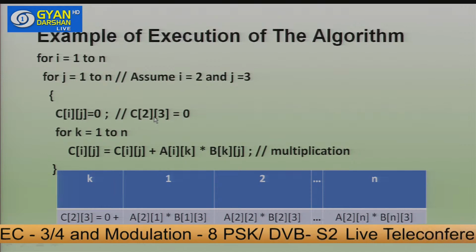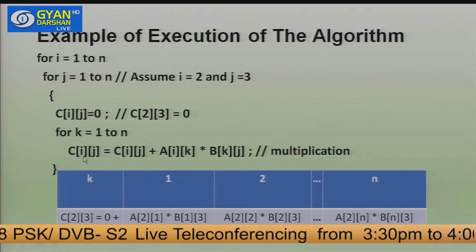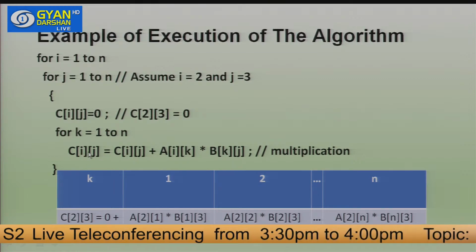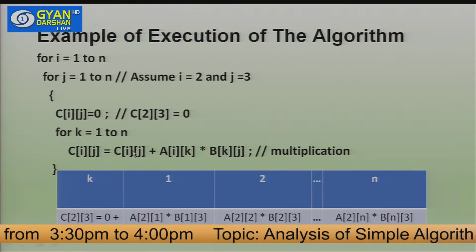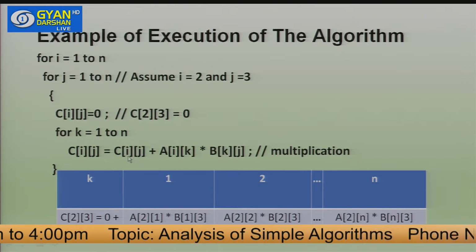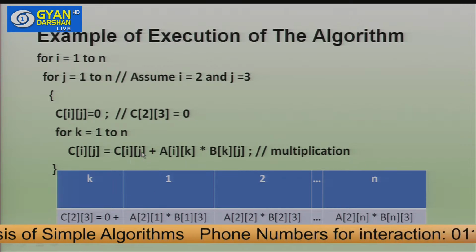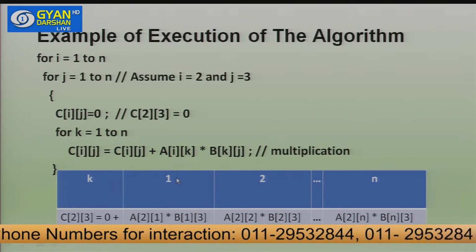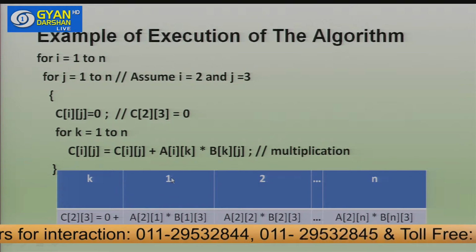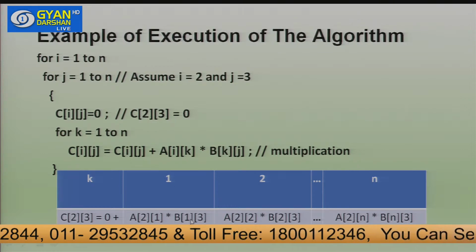Cij, which happens to be C23, equals 0. For k equals 1 to n, what is going to happen? C23 was initialized to 0 outside, so when k equals 1, it will start from 0. When k equals 2, it will be the already summed up value. And what values will be added? Aik. When k is 1, it is A21 multiplied by B13.